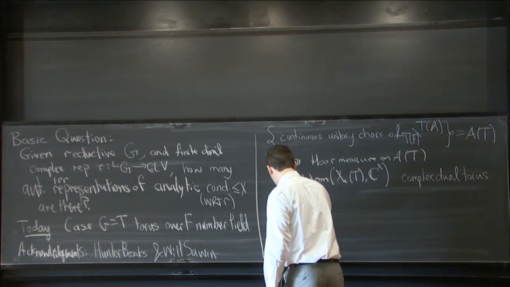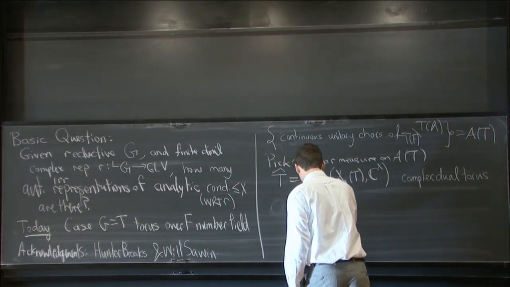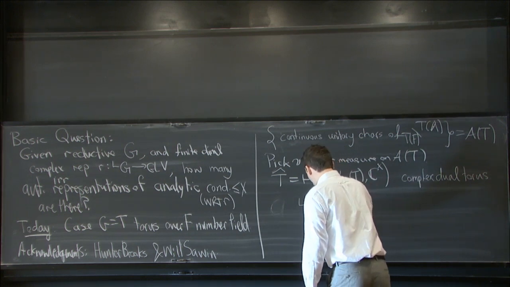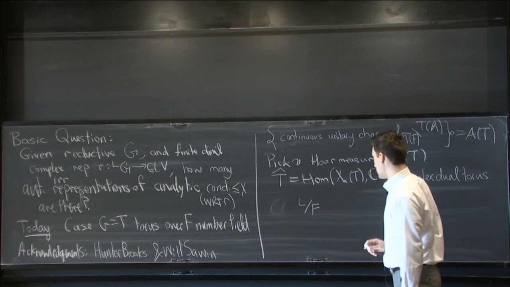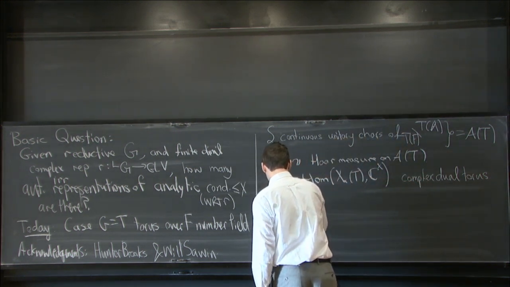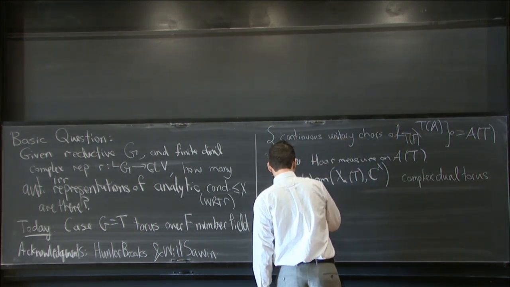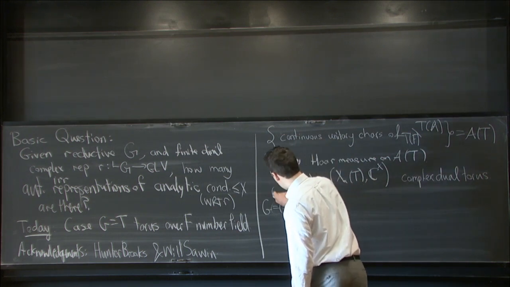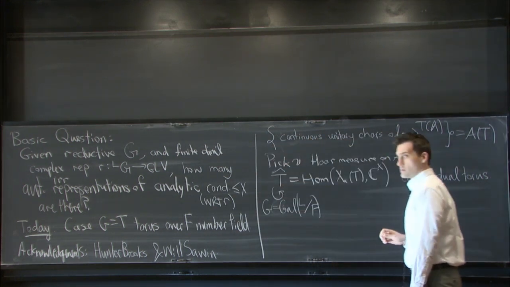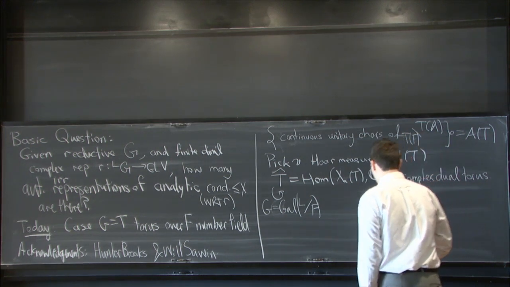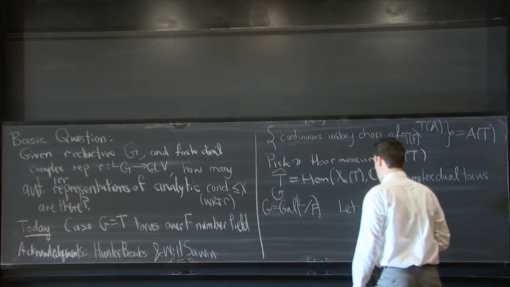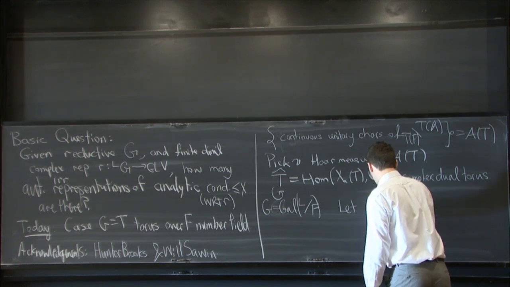So let's say L over F is a Galois extension of number fields splitting my torus T. And then I'm going to let G be that Galois group. So G has an action on the complex dual torus. And then we're going to have the L group.